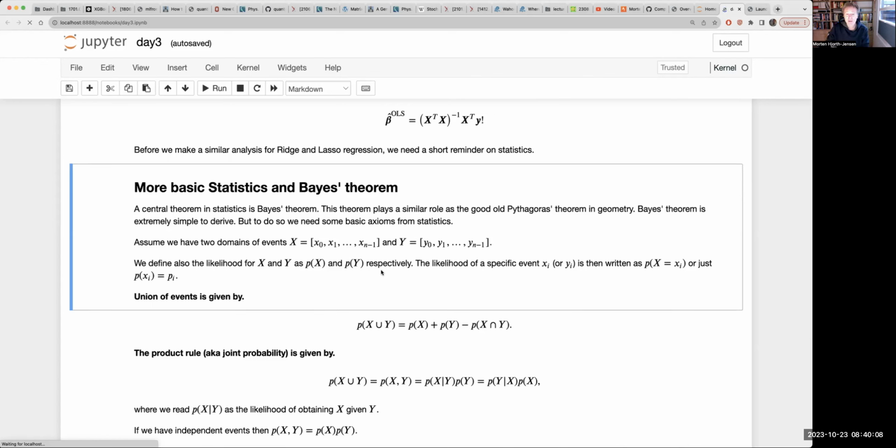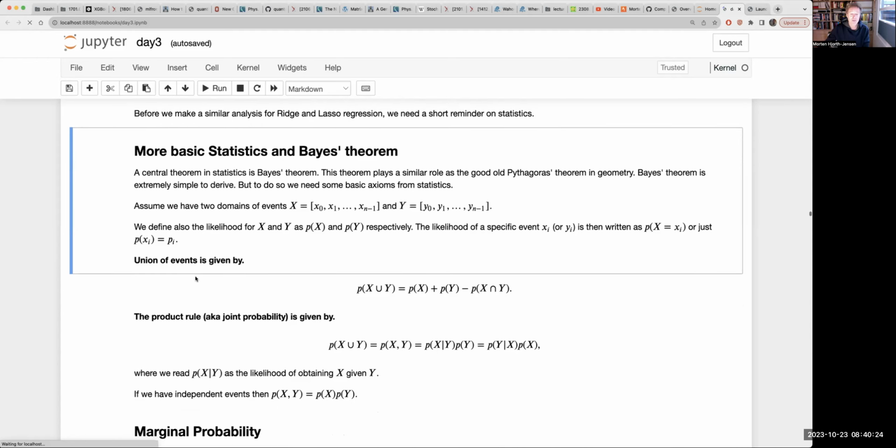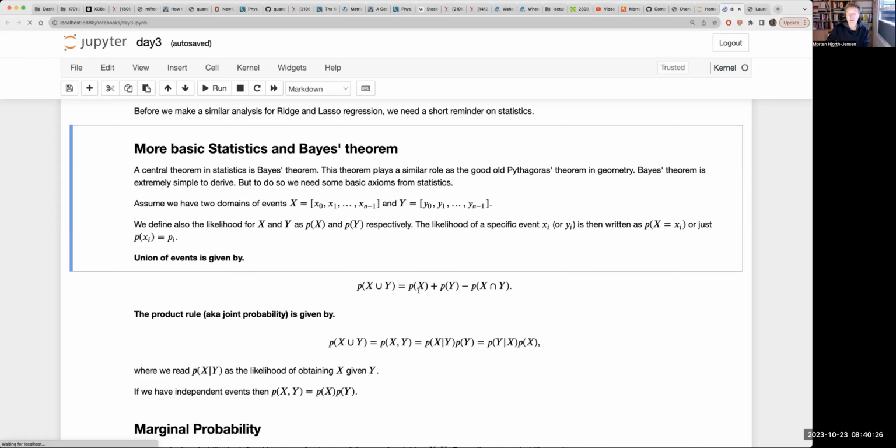And then we would typically write the likelihood of a specific event as P of X equal to X of i, or just P of i with a subscript i. And then we have the union of events, which is given by P of X plus P of Y minus P of X and Y.